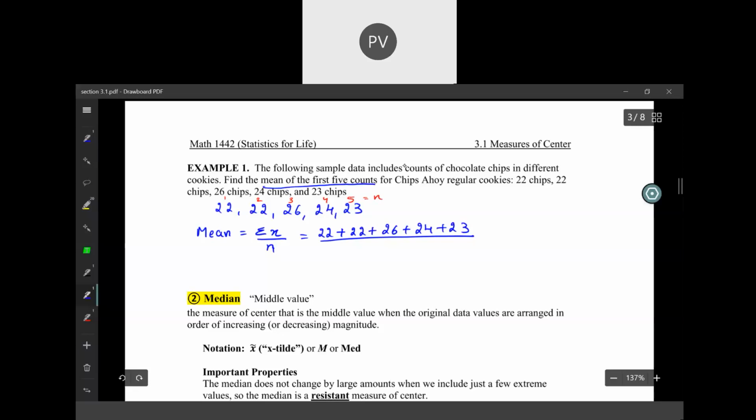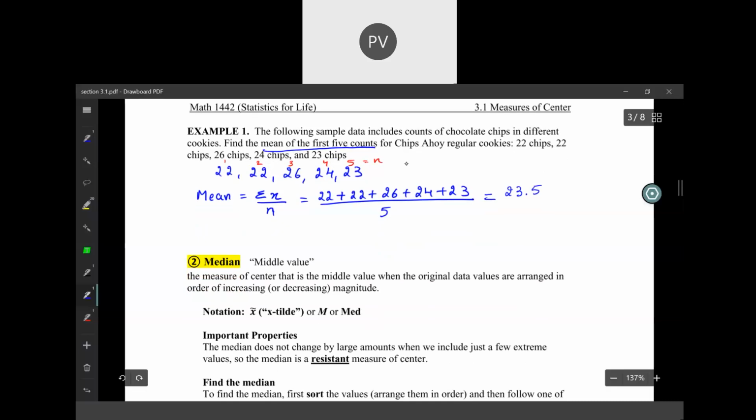So n is equal to 5. Now do this in your calculator. Add all the values, divide by the number of values. You must get 23.5. Okay, so this is how you compute the mean.